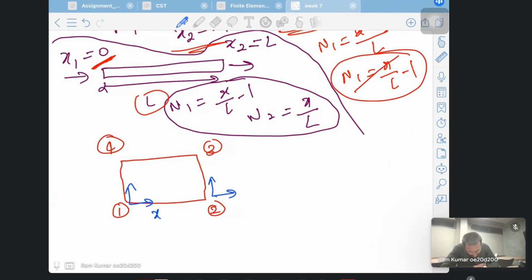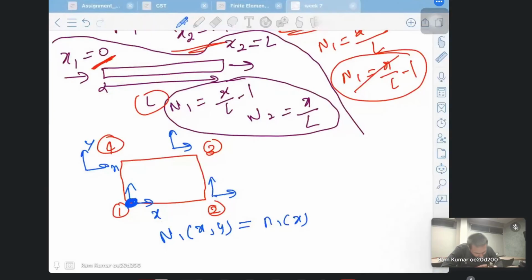For example, I'm going to find the shape function for n1. So n1 will have the effect of x and y. I will write n1(x, y) equal to n1 in the x direction and n1 in the y direction.